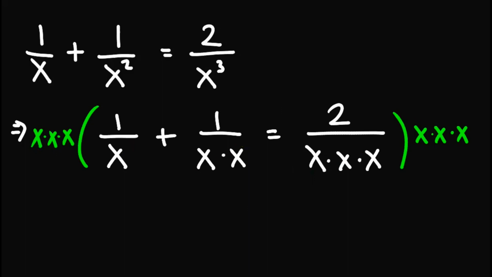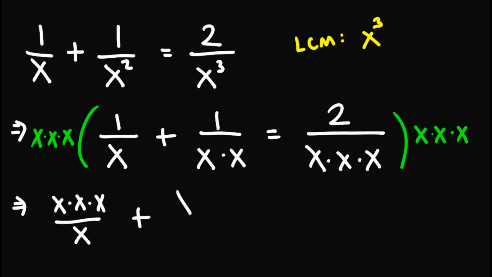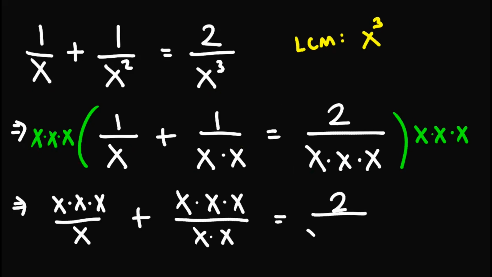Indeed, the LCM of these variables is actually x cubed. So this will become x times x times x over x plus x times x times x over x times x equals 2 over x times x times x.